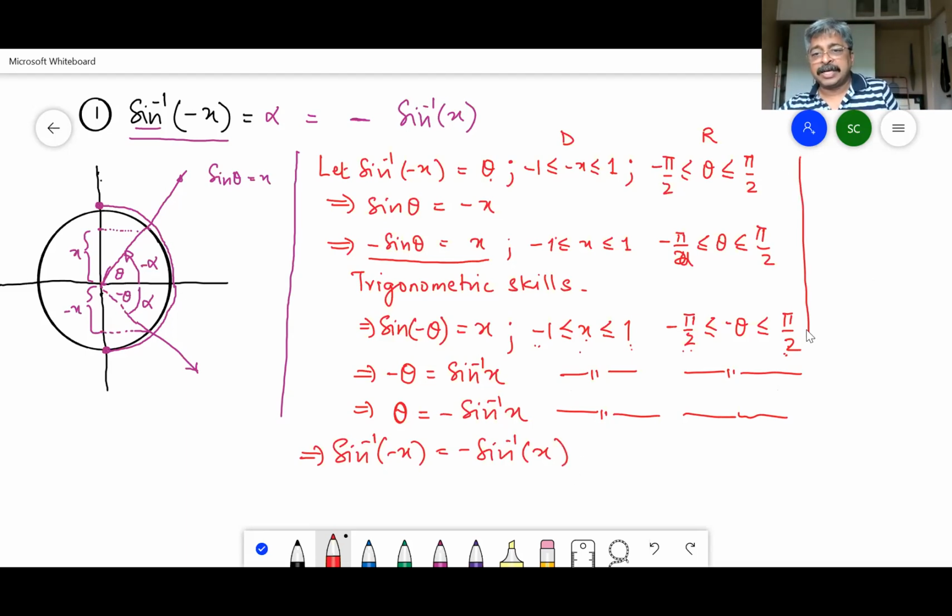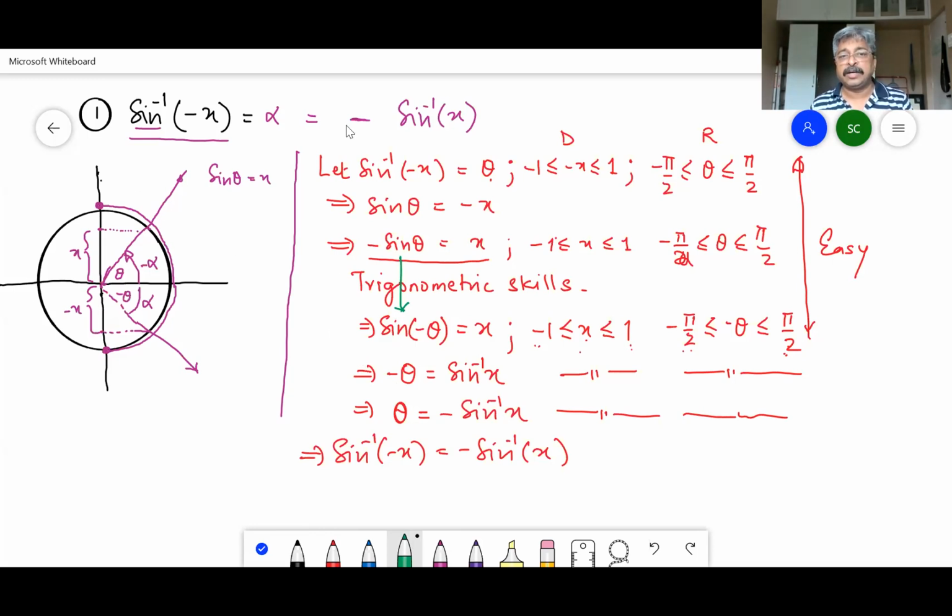These domain considerations and range considerations are a little easy for sine. This was a critical step, a very important step here, from here to here, and there our trigonometric skills are going to be tested. Okay, have you understood this? Is there any step which you have not understood in this?